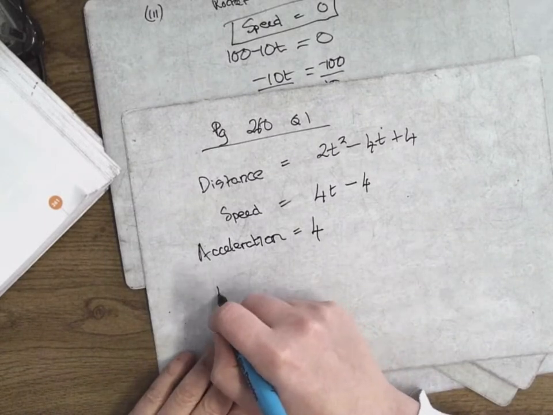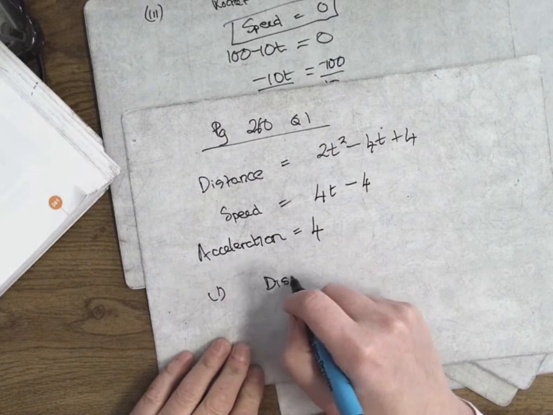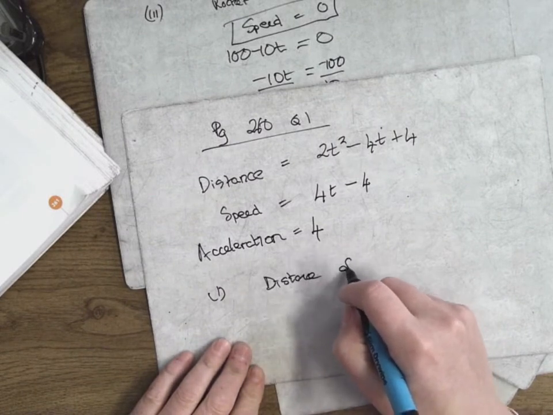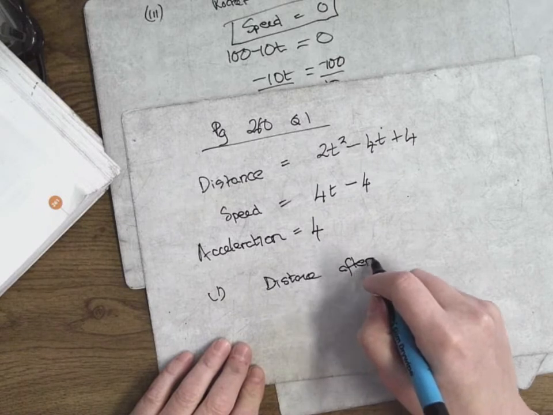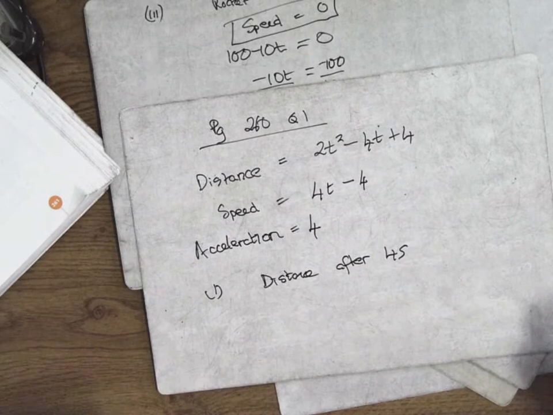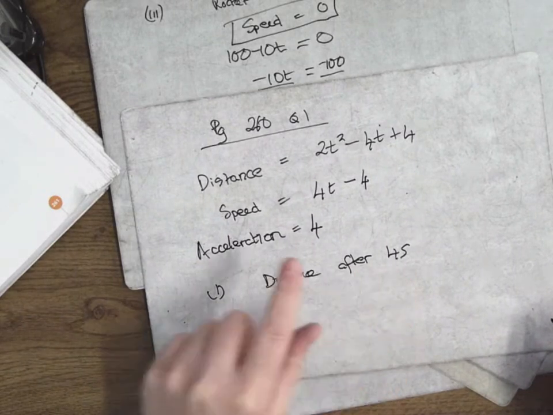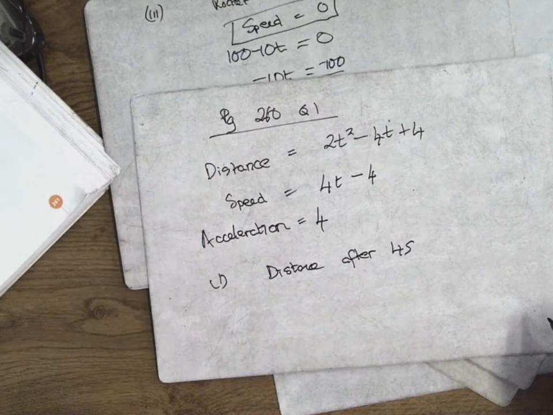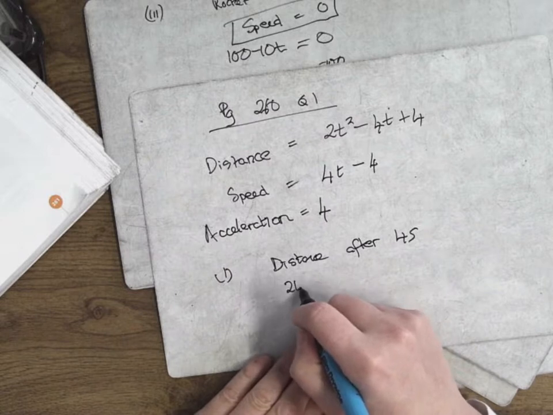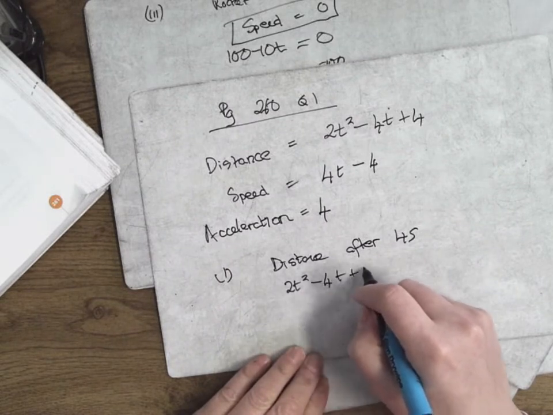Okay, so part 1 asks me for the distance after 4 seconds. Now, I've done all the differentiation that I need to do with these 3 equations up at the top. So if I want its distance after 4 seconds, which formula am I going to take? The first one, 2t squared minus 4t plus 4. That's distance.